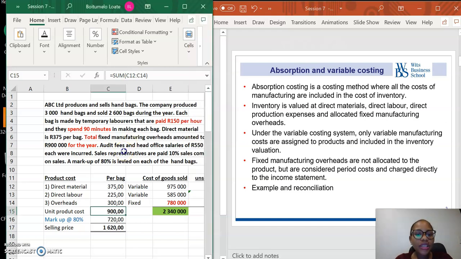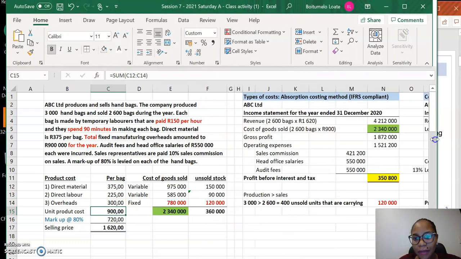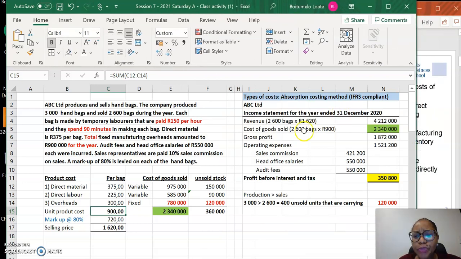If we look at the example we did in the first session for costing, you'll notice they said the company produced 3,000 handbags, but only sold 2,600. Although we've come up with a unit product cost of 900, in the absorption costing income statement you take only the 2,600 that were sold and multiply by that 900 unit product cost to get 2,340.